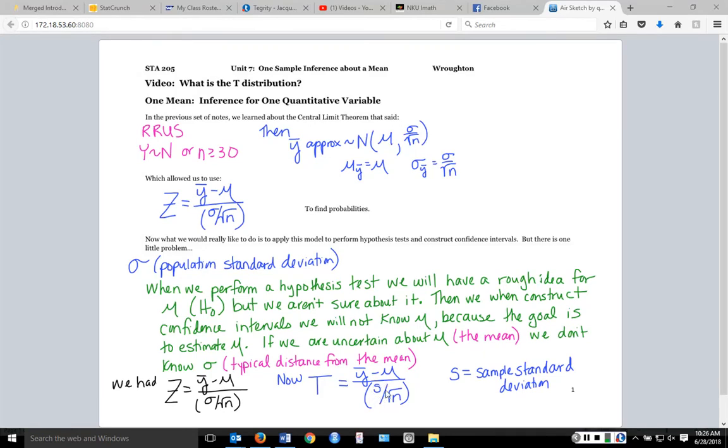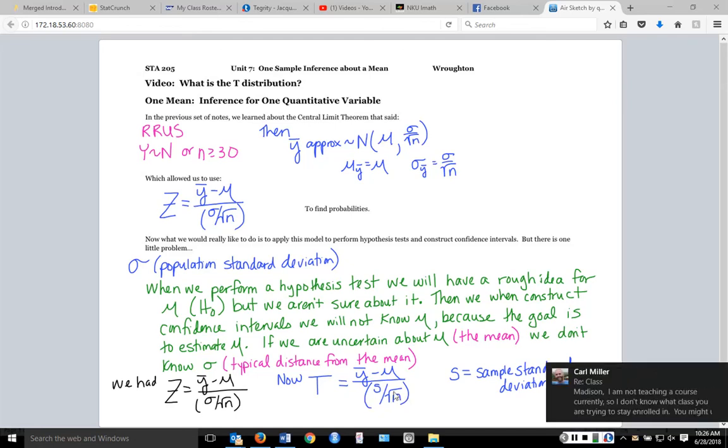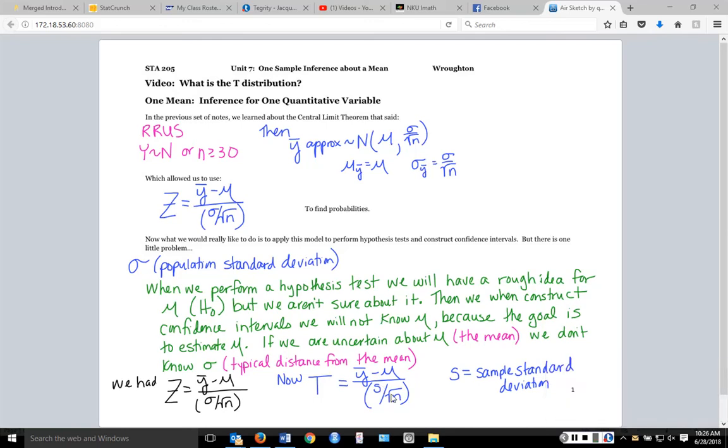But as soon as I'm talking about a sample standard deviation, a number calculated from my data, how big that sample is matters to me. If I have a data set with only 3 observations in it, I can calculate a sample standard deviation for that. And I don't know how much I'm going to trust that number because it's based on only 3 observations. Versus if I sampled 100 people and I calculate the standard deviation, I'm probably going to trust that number quite a bit more.